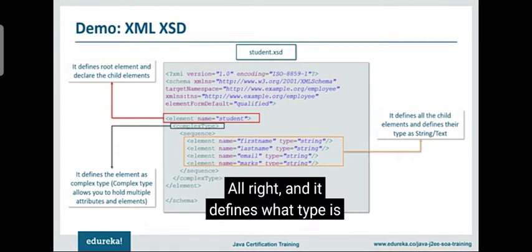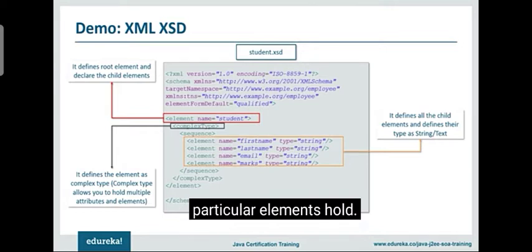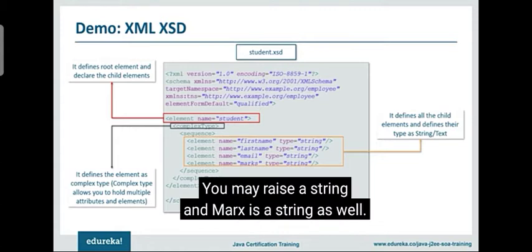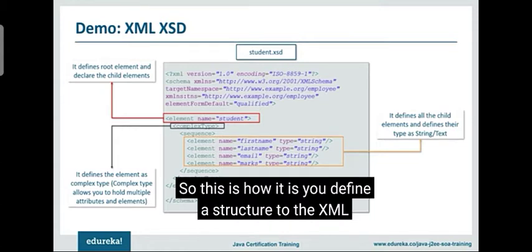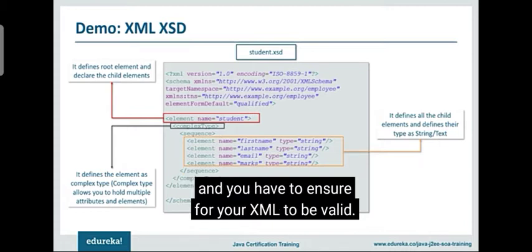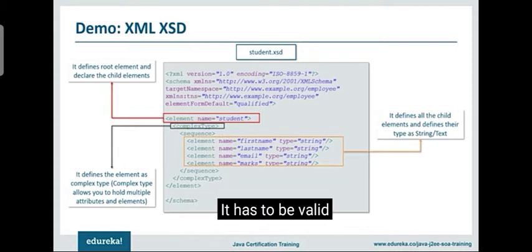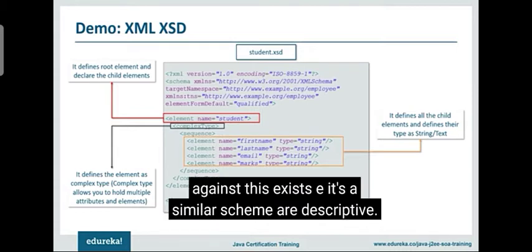It also defines what type these elements hold: first name is a string, last name is a string, email is a string, and marks is a string as well. So you define a structure for the XML, and for your XML to be valid, it has to be valid against this XSD, the XML schema definition.